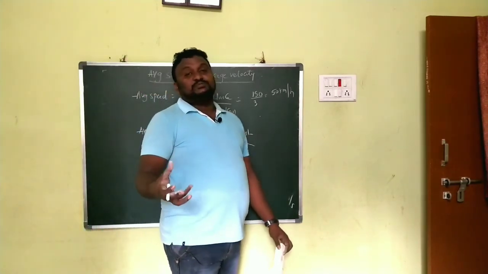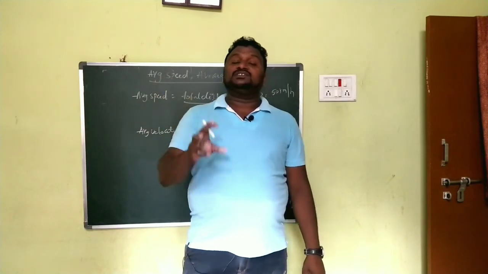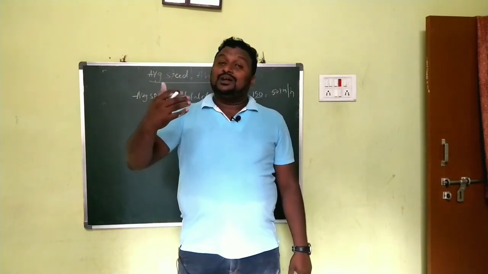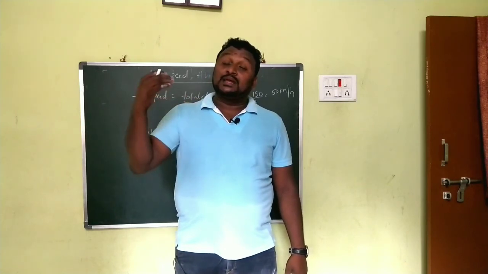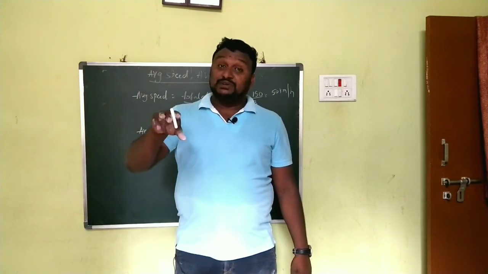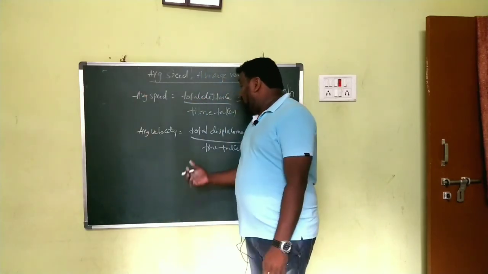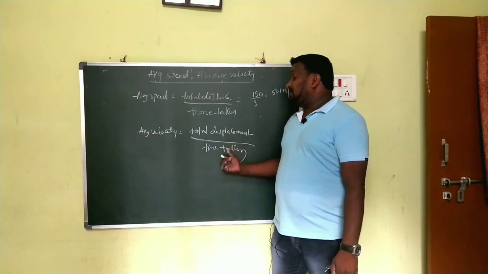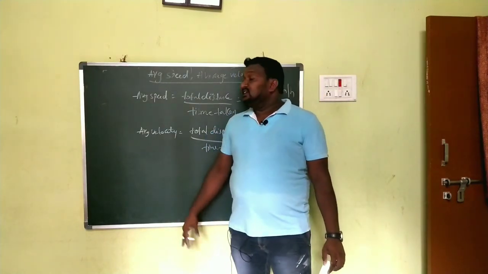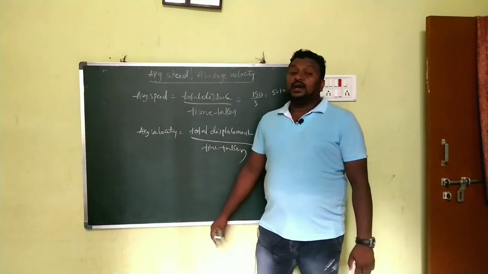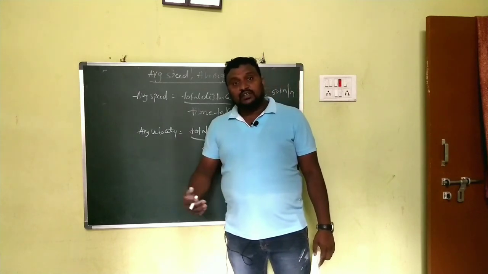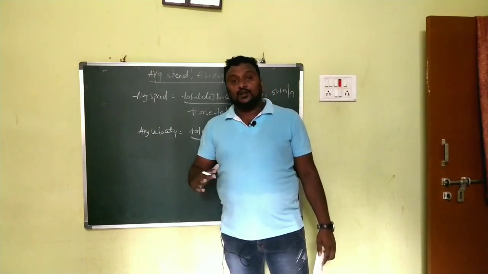The total displacement covered in a particular time interval is called average velocity. Got my point, children? Total distance covered in a particular time interval is called average speed. The total displacement covered in a particular time is called average velocity. Children, this is about average speed and average velocity. And now we go to the difference between uniform motion and non-uniform motion.